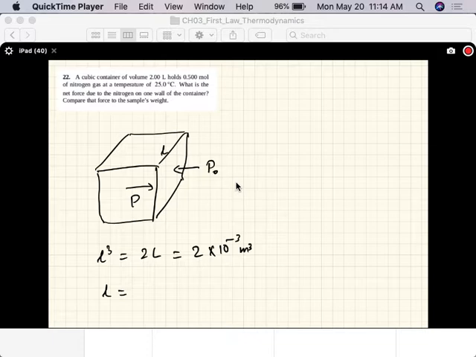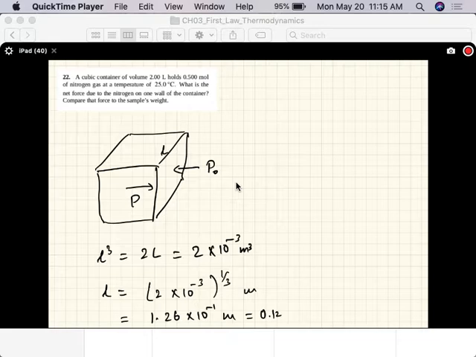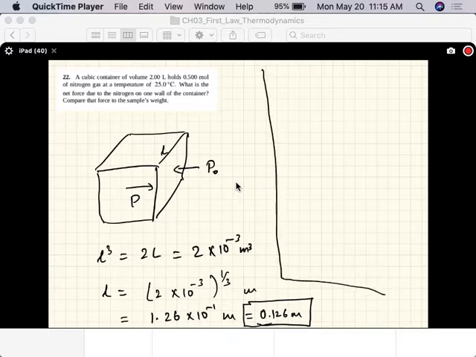Okay, so L in meters is 2 times 10 to the minus 3, to the power 1/3 meters, and that is equal to, okay, so the dimensions of the cube are 12 centimeters on the side. Okay? That's what we just found. All right, well, that will be used for later.